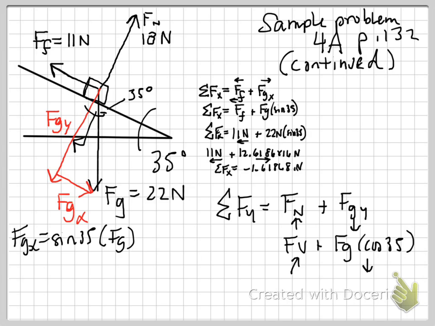Now, I say that this one should kind of be a cheater for one reason. Pardon my little arrow, it's pretty crooked. Is this object rising up into the air or sinking down through the table? If the answer is no, you know that the sum of forces on the y is equal to 0.